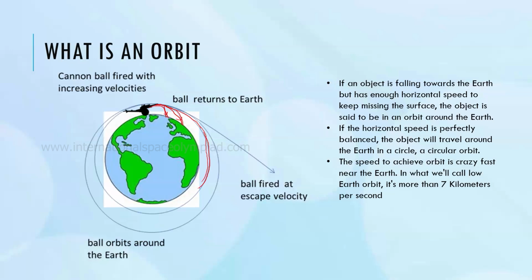When the speed is perfectly balanced, it is trying to fall, but the curvature of the path of this cannonball and the curvature of Earth are the same. So it is trying to fall on the surface, but unluckily it cannot. So it starts to move around it. It is always trying to fall to the surface of Earth, but it can't.